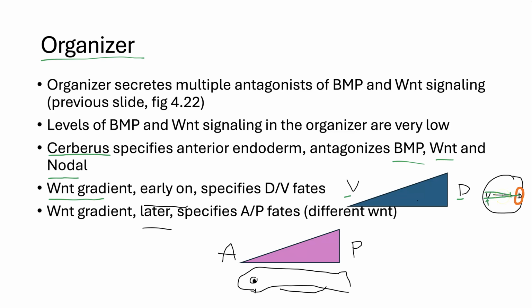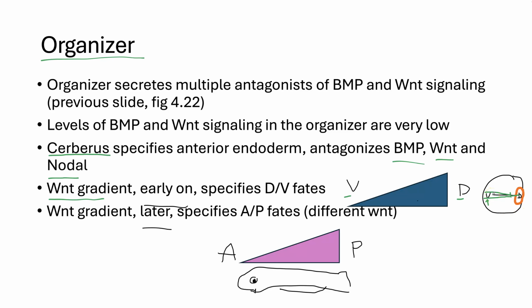Something to think about, and we're only going to look at these 3 time points, is that at different times there are slightly different Wnt signals. There's multiple. You noticed X Wnt 11 and X Wnt 5a. That means that there's a Wnt 1, 2, 3, 4, etc. There are other Wnt signals as well. Wnt 8 is one of the mesoderm-specific ones at this stage.